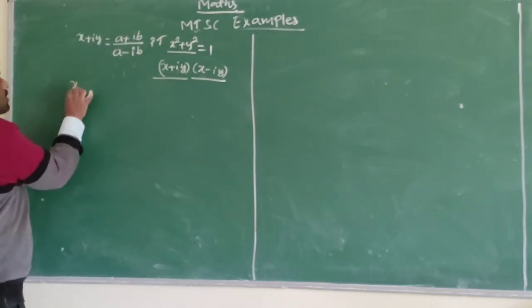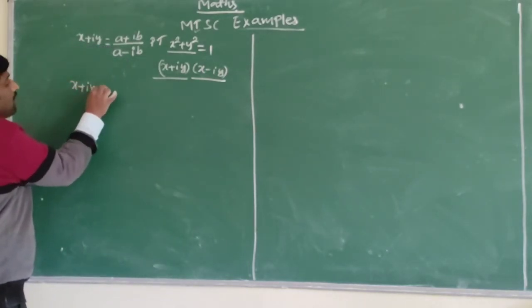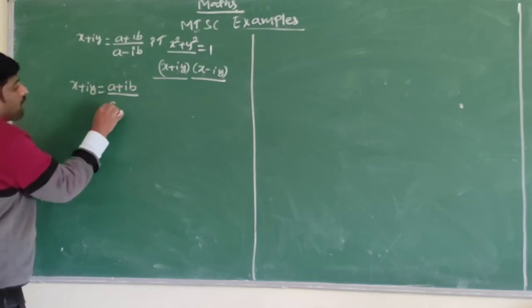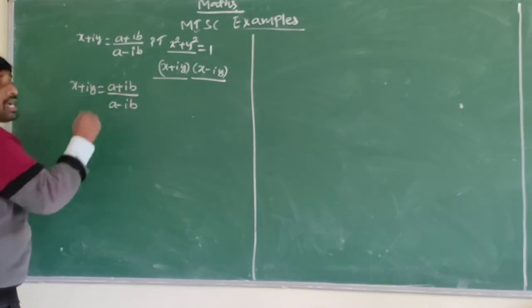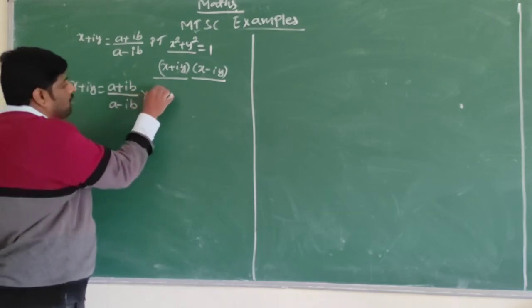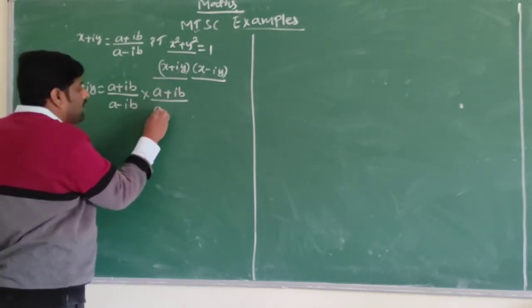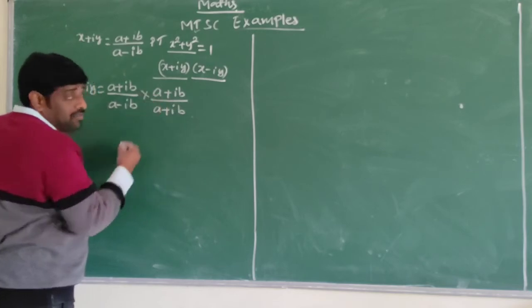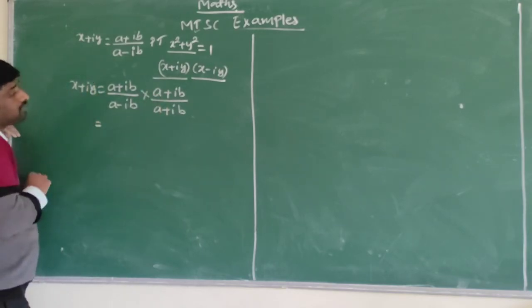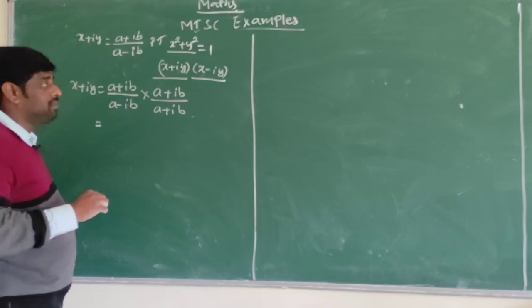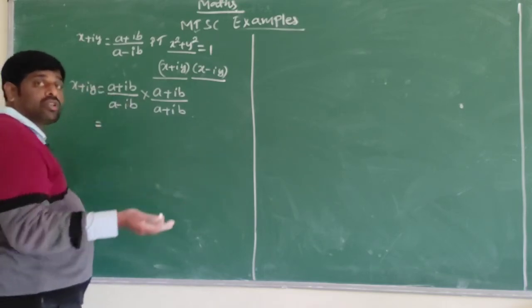That is x plus iy equals a plus ib divided by a minus ib, into a plus ib divided by a plus ib. Now the numerator is of the form a plus ib into a plus ib, that is (a plus ib) whole square.